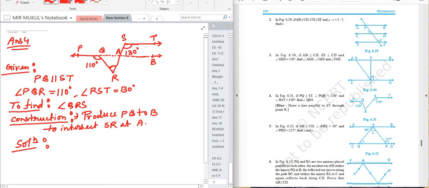Now, if this angle is given, then this angle we can find by the linear pair axiom. So here write this as angle 1, and this write angle 2. Okay.